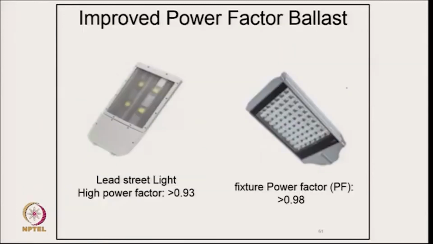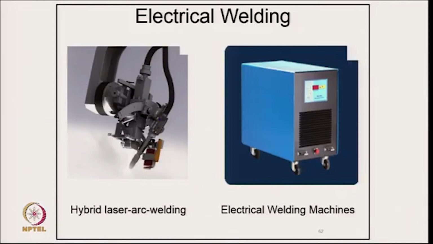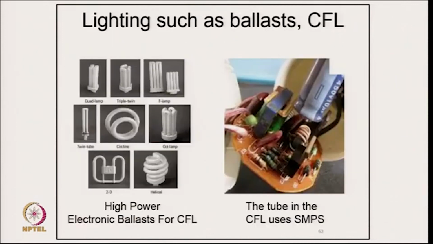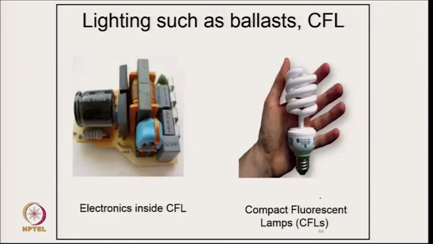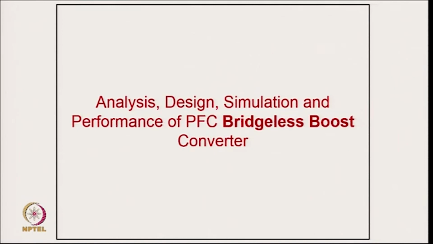It is also used in improved power factor ballast for LED fixtures, where we need power factor always more than 0.9, closer to 1, or in welding. I told you, high frequency arc welding. Welding size gets reduced because you are using a high frequency transformer, but you need power factor correction at the input. These are also used in lighting systems like CFL. Of course, we are now going to LED, but it is used extensively in compact fluorescent lamps also.